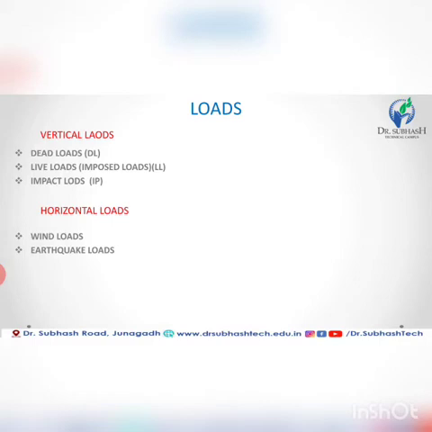Okay. Next, horizontal load. There are two types of horizontal load, wind load and earthquake load. First, wind load. The code for wind load is IS 875 Part 3 1987. What is wind load? Wind load is considered in the design of tall buildings. The force exerted by the horizontal component of wind is to be considered in the design of building.